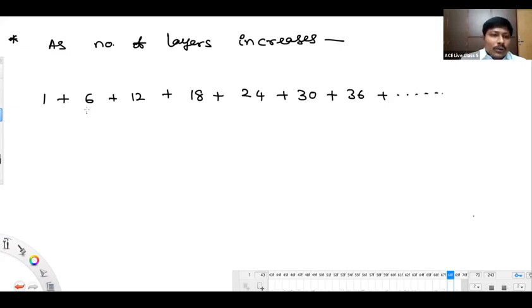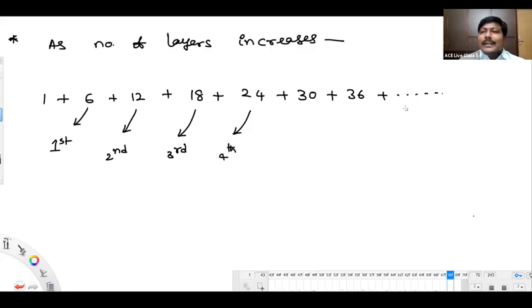Like this, the number of strands will increase in this order.